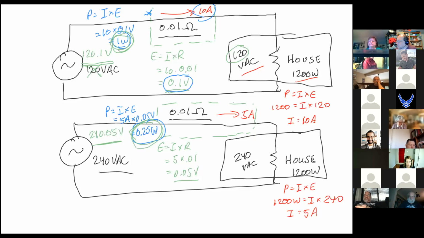So now let's instead take a look at this 120 volts and convert this to 120,000 volts. So now we've gone up in voltage by a factor of 1,000, right? And right here, before it gets to the customer, we use a transformer to change the voltage down to something that they can use.